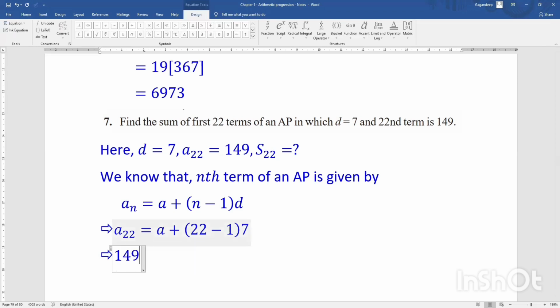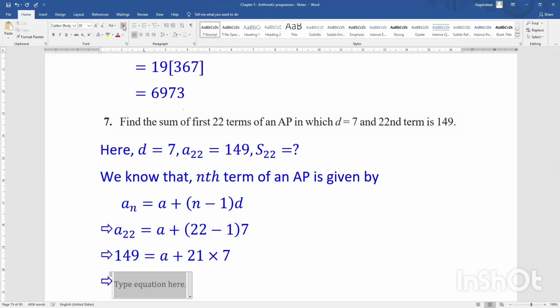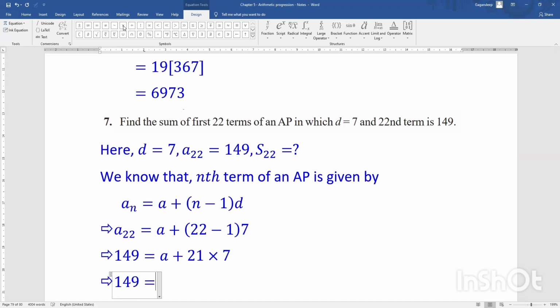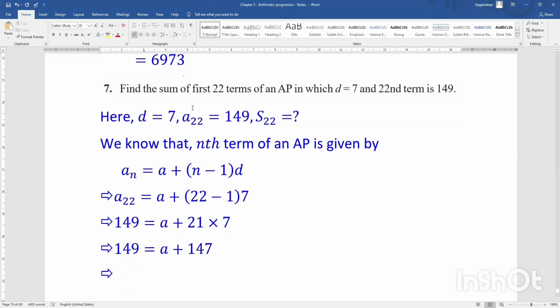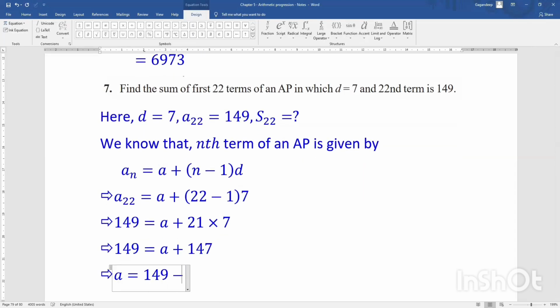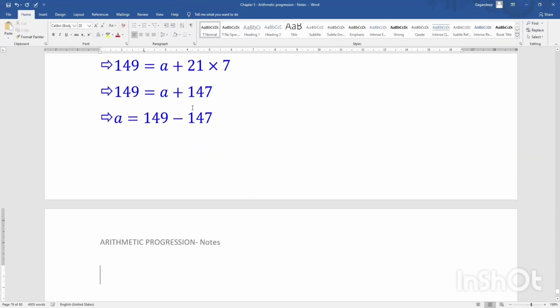So 149 equals a plus 21 into 7, and 21 into 7 is 147. So 149 equals a plus 147, and a is equal to 149 minus 147, which is equal to 2.